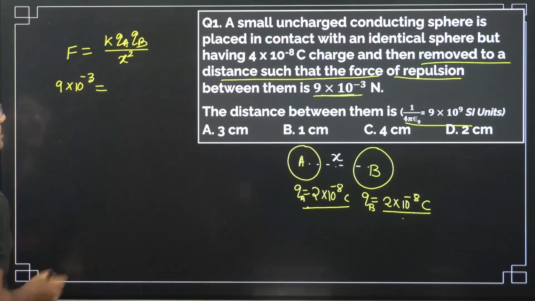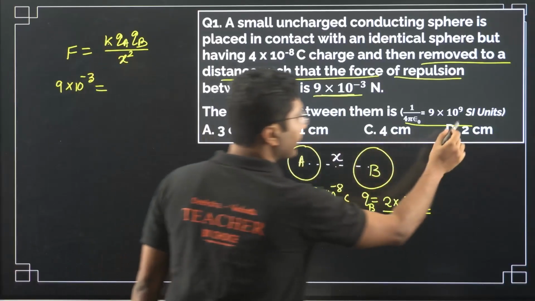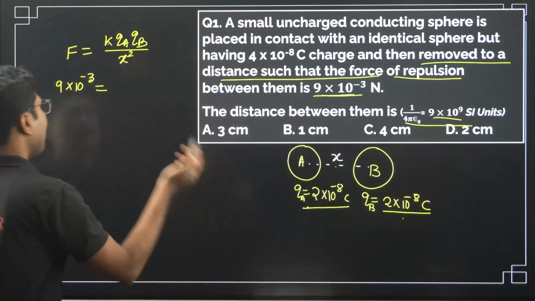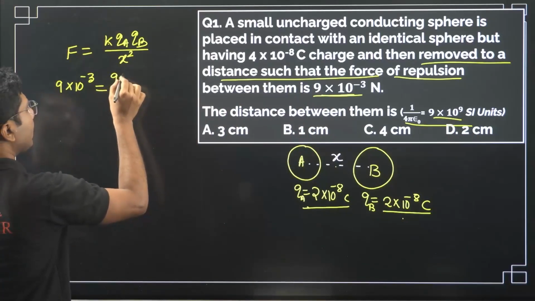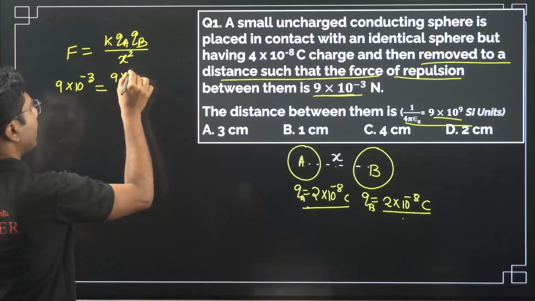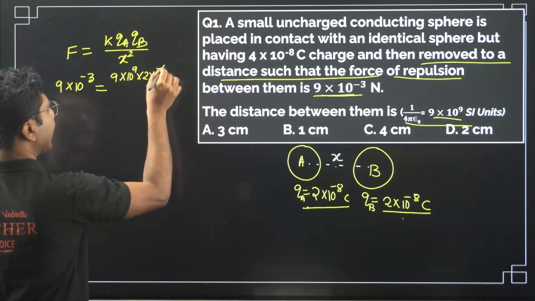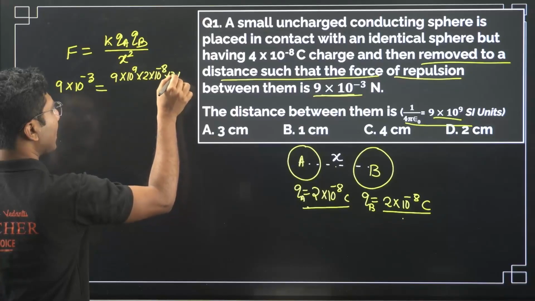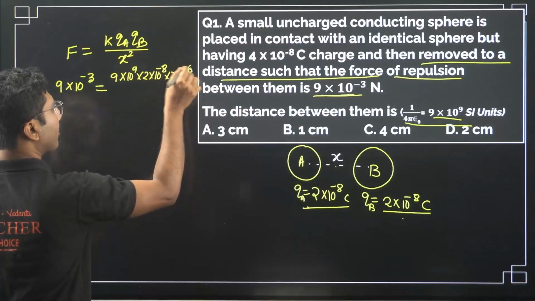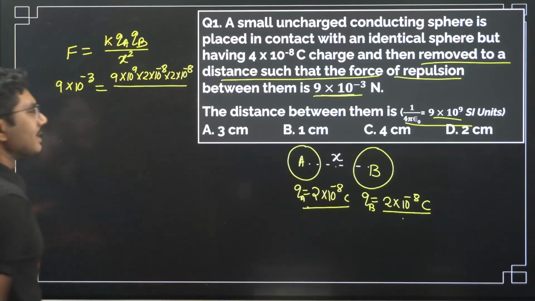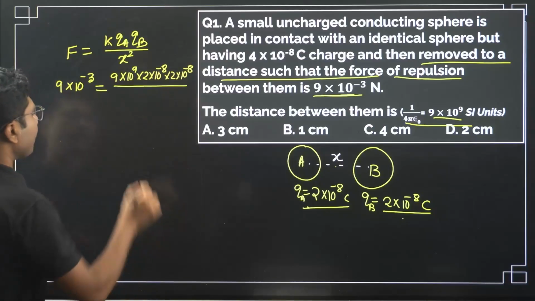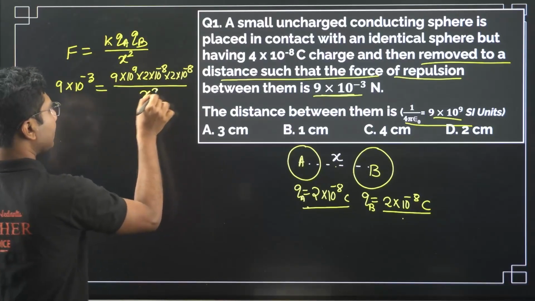And that is equal to, K value is given over here, 9 into 10 to the power of 9. QA is 2 into 10 to the power of minus 8. QB has the same value, 2 into 10 to the power of minus 8. And the distance between them is unknown, so this will be x square.